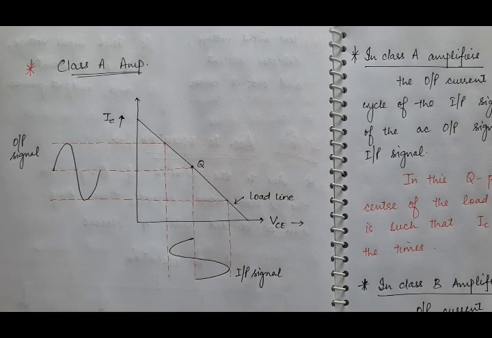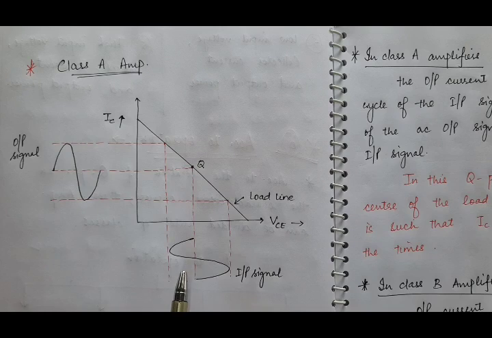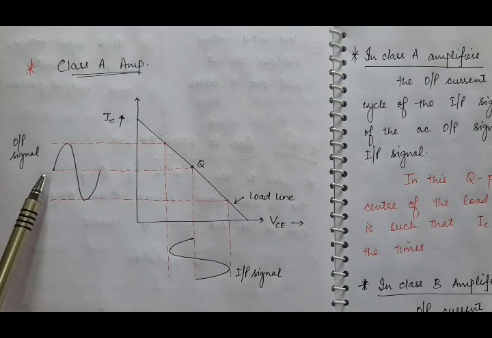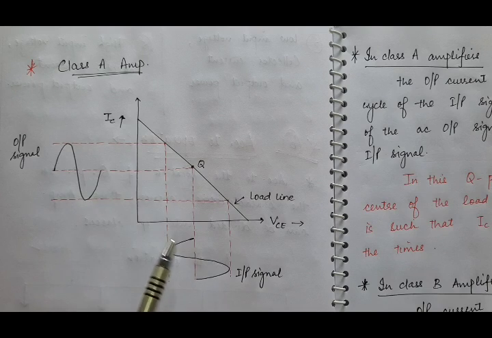But because of this position of the Q point, you can see the output signal, or the output current, flows for the entire cycle of the input signal. It means collector current will remain greater than 0 at all times of the input signal in case of class A amplifiers.